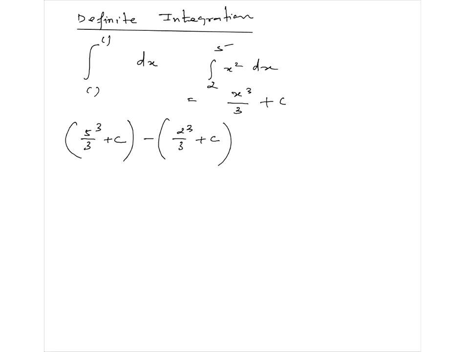Clearly, putting the minus sign will cancel the c's, and you would get 5 cubed minus 2 cubed by 3. That's the net answer, free from arbitrary constant. Note that c is gone. That's why it's definite. C will always cancel when you put two limits, upper and lower.